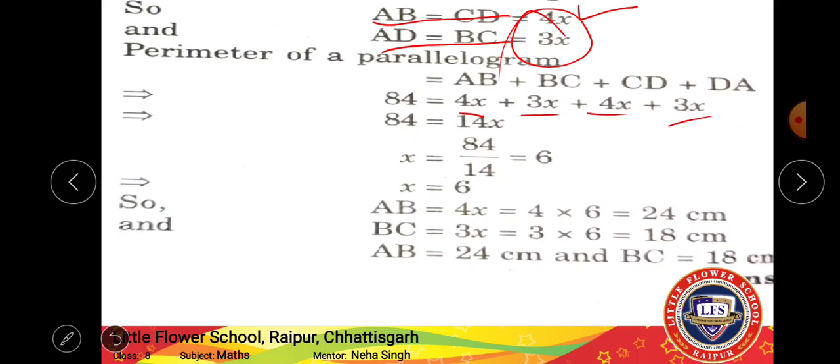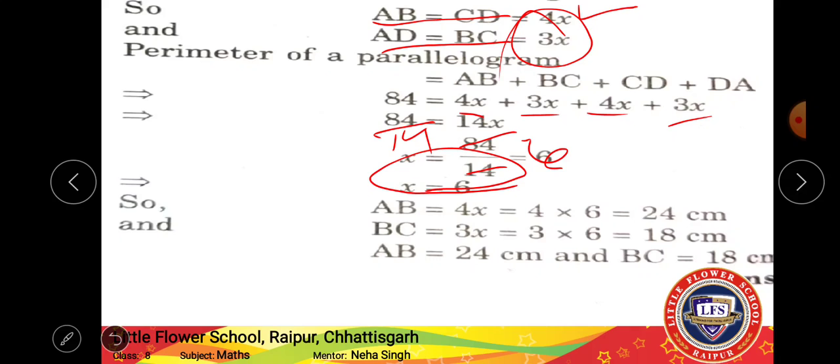We'll add all the numbers: 14x. So 14x is 84, and x will be 84 upon 14. Now 14 sixes are 84, so x comes out to be 6. Now AB is 4 into x, that is 4 into 6, 24.